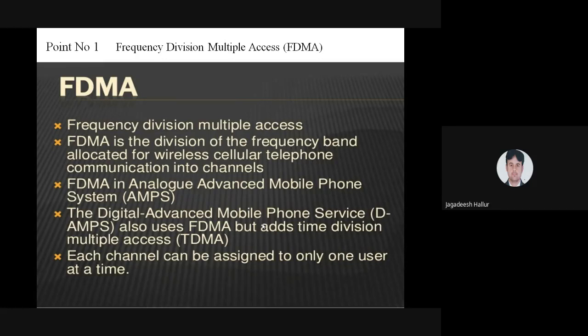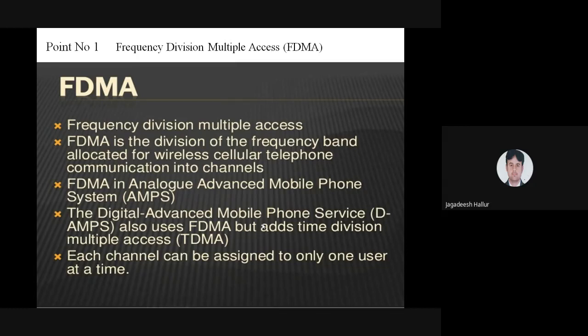This FDMA technique can be used in AMPS, that is the advanced mobile phone system, which is an analog system. The Nokia set uses analog signals, that is the analog advanced mobile phone system.